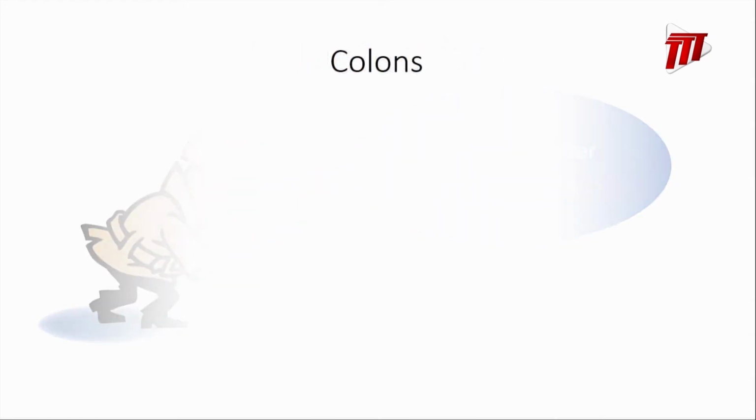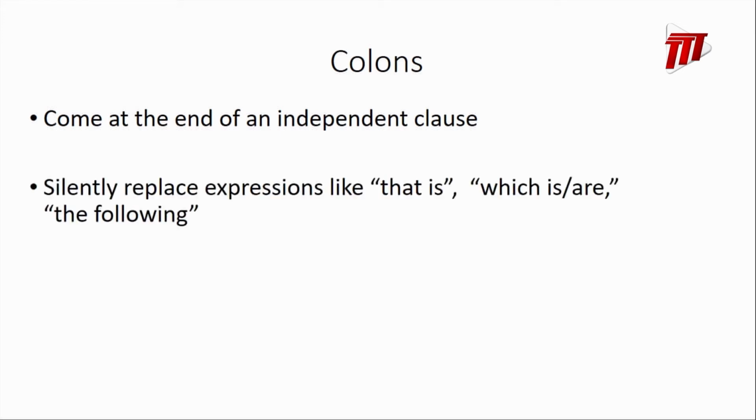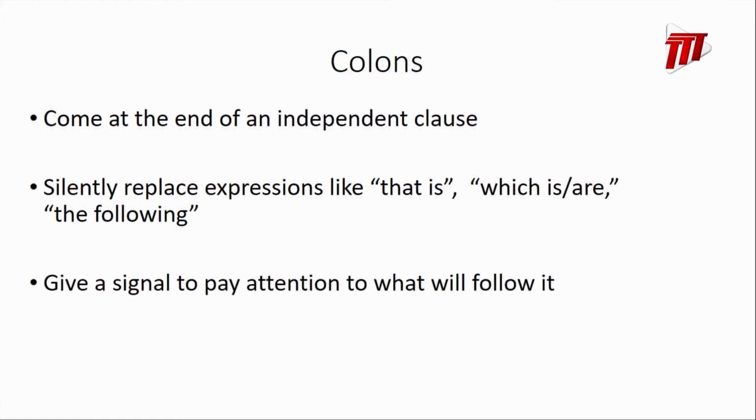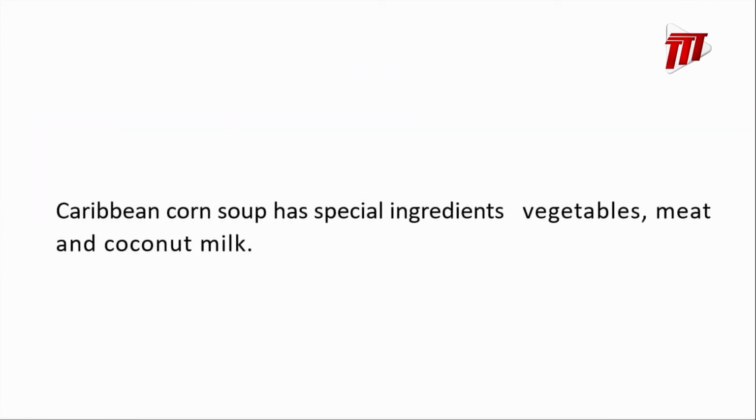Let's remember colons a bit. Colons come at the end of an independent clause, and they silently replace expressions like that is, which is, or which are the following. They give a signal to pay attention to what will follow. So, Caribbean corn soup has special ingredients: vegetables, meat, and coconut milk.